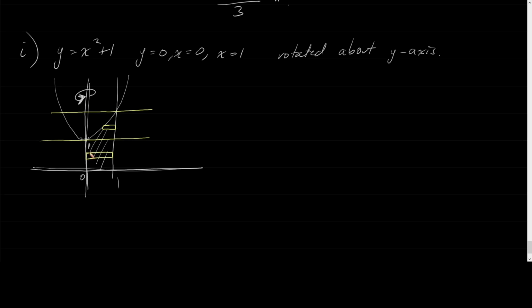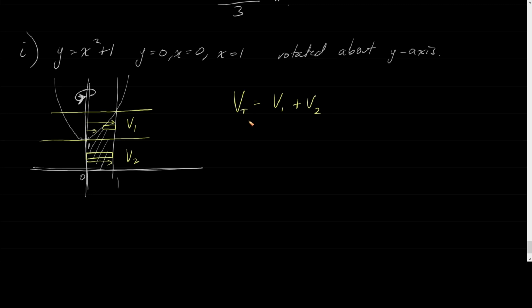And that is an issue because, while they're both going to have the same big radius, they're going to have different small radiuses because this bottom one doesn't even have a small radius. So what we really need to do here is set this up as two different integrals and add it all up together. So this first integral here, I'm going to call volume 1. This is going to be volume 2. And the entire volume is going to be volume 1 plus volume 2. So the total volume.